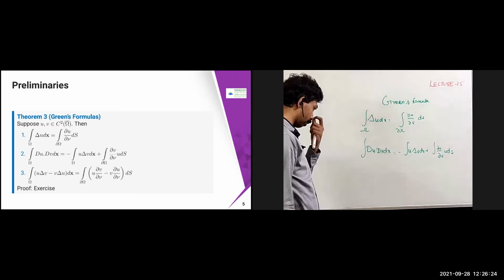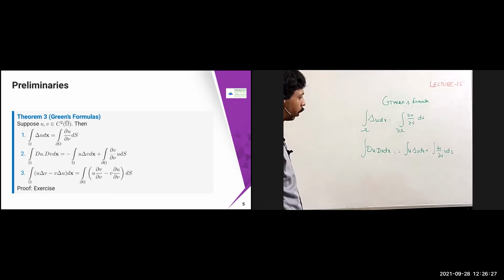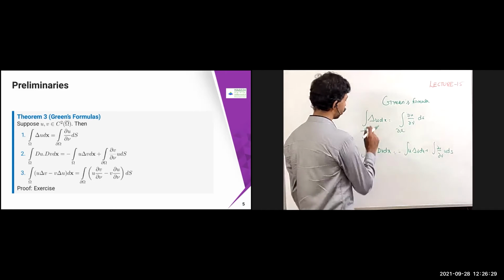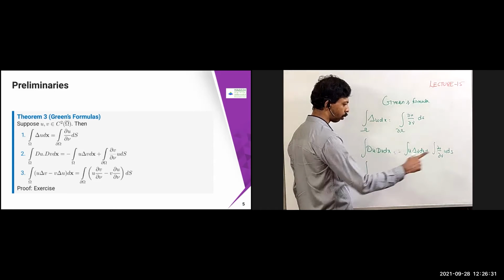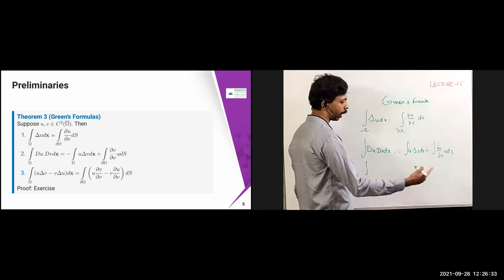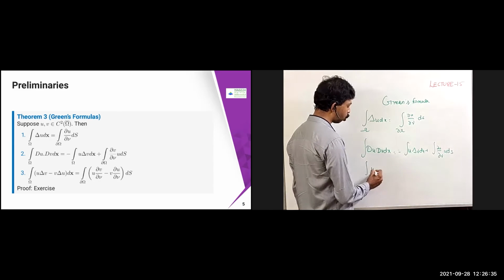Again, you can use integration by parts and you will get this. Now I just combine 1 and 2, and you can get the third one. So what you are going to get is u del v.